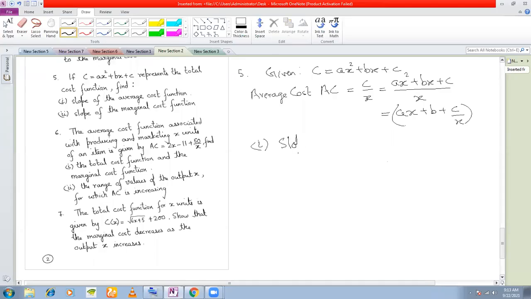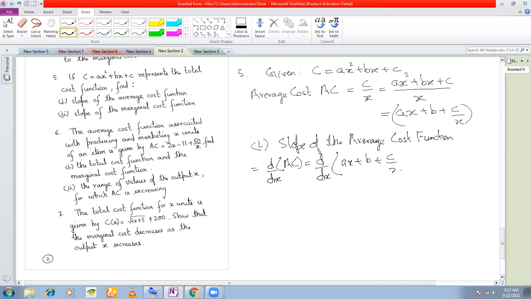Yes, we differentiate. The slope of the average cost function is equal to d/dx of AC, which is equal to d/dx of ax plus b plus c by x.